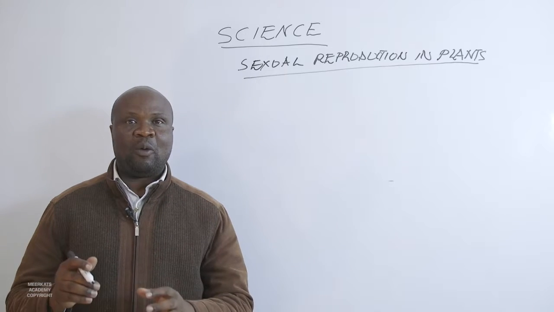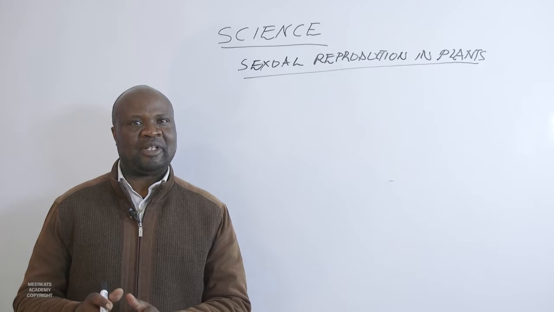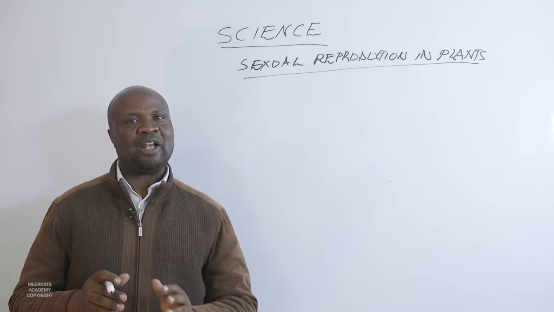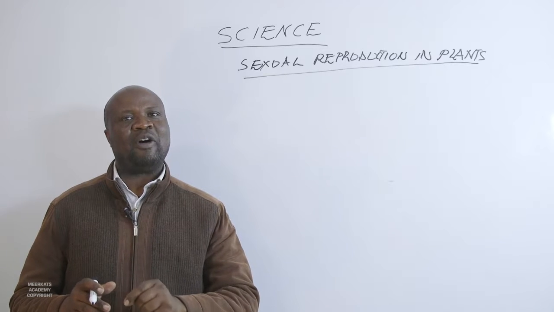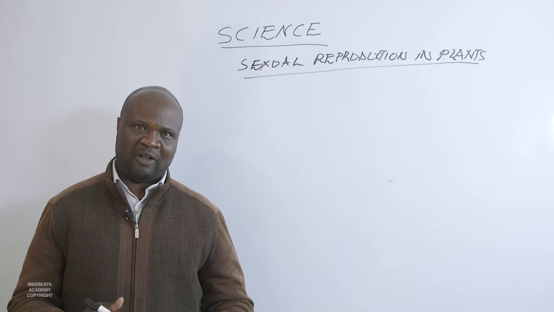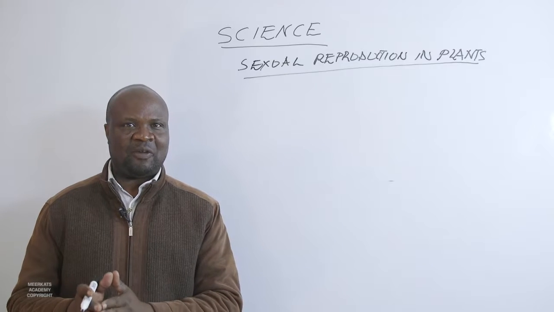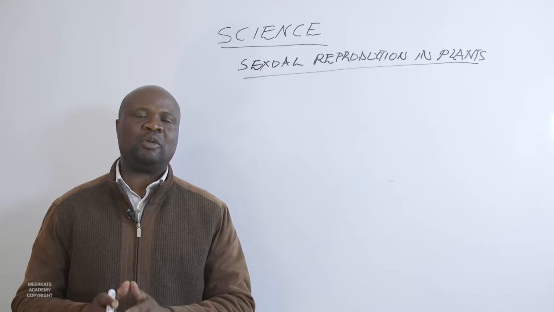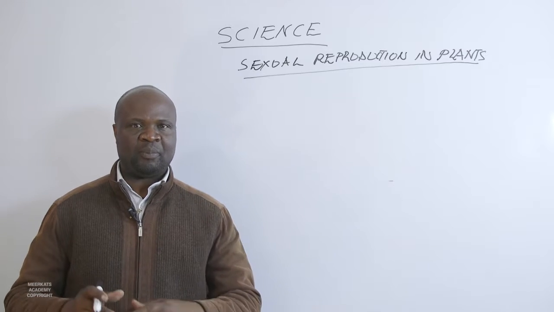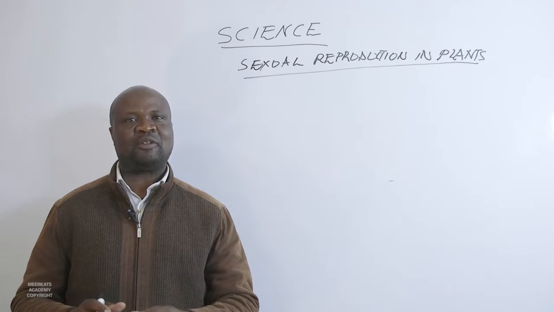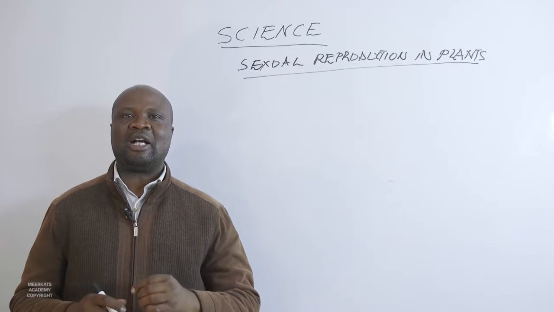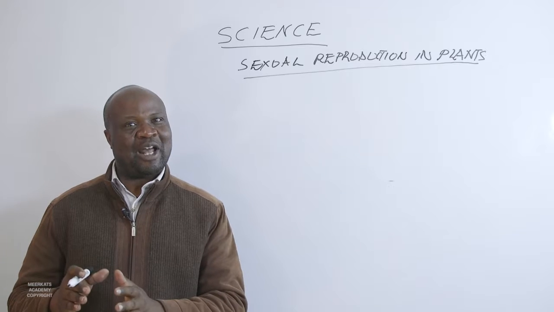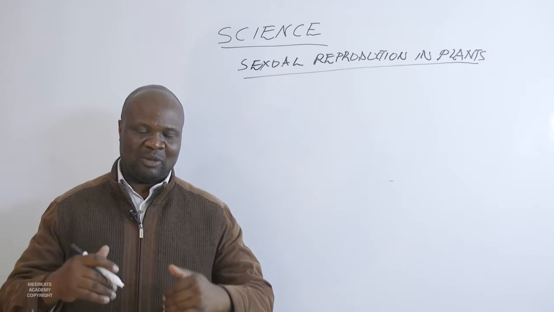But when the anthers of a particular flower go and pollinate the stigma of another flower on a different plant, of the same family and the same kind, we say that one is cross-pollination, because the pollen grains from one flower have gone and pollinated a different flower of another plant of the same kind.